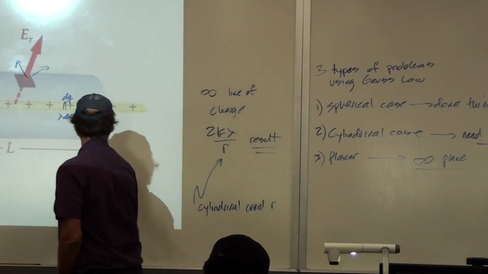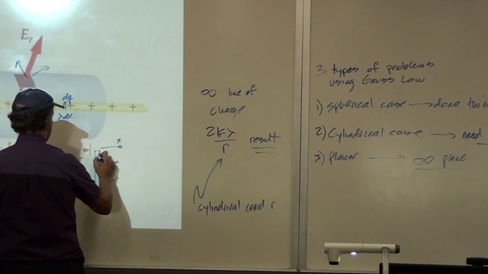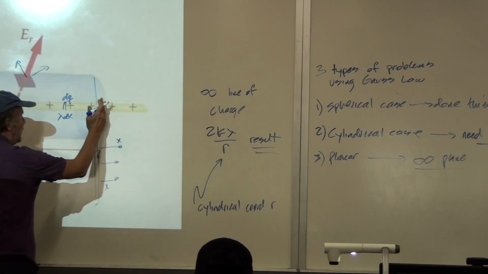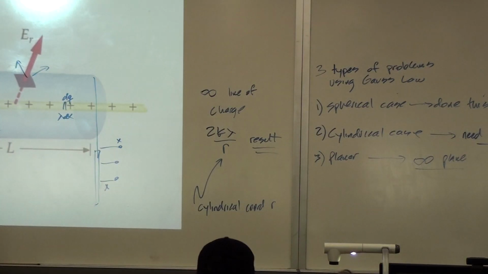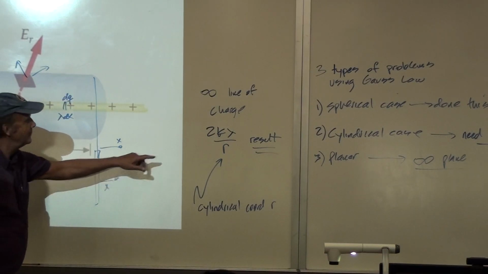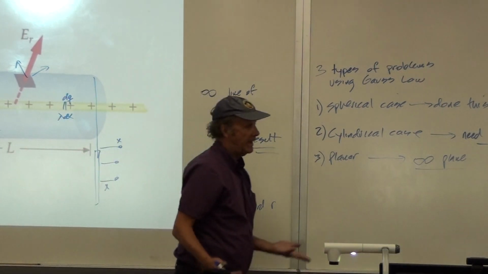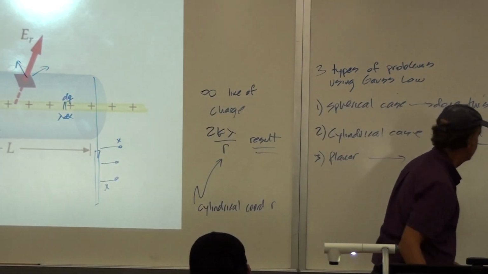So in other words, this x, and this x, and this x, that's all r away from the z-axis. If this thing is infinite, it doesn't matter where you put this, because you're still integrating from minus infinity to plus infinity. So this was the result that we got when we took the limit as x, or in this case, r goes to infinity.